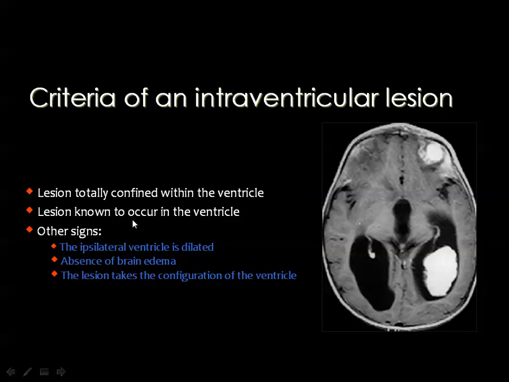Then if you see a lesion that is known to occur inside the ventricle, like the colloid cyst, which occurs in the anterior part of the third ventricle, then other signs include that the ipsilateral ventricle, on the same side of the lesion, is usually dilated, and there is usually no evidence of brain edema because the lesion is isolated from the brain parenchyma by the wall of the ventricle.